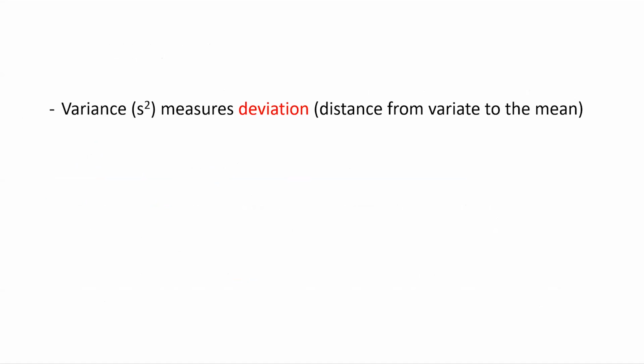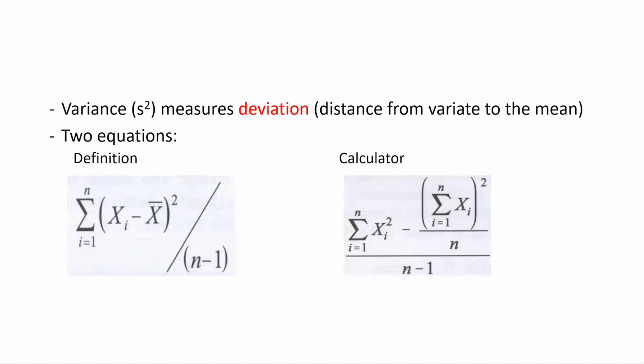So variance measures the deviation from the variate to the mean. And there are 2 equations for this. The definition is here. We take the variate minus x bar squared and then sum each of those. This numerator is called the sum of squares.